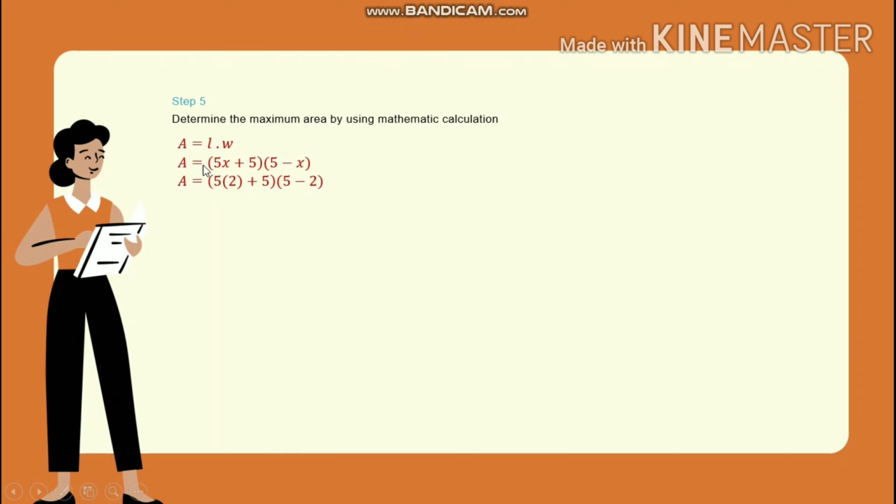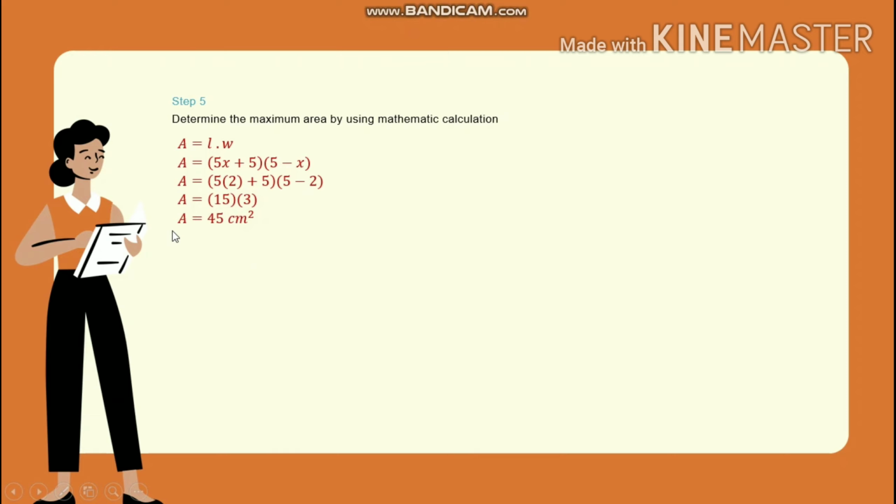We can substitute here. A equal to 5 multiplying by 2 plus 5 and multiplying by 5 minus 2. A equal to 15 multiplying by 3.